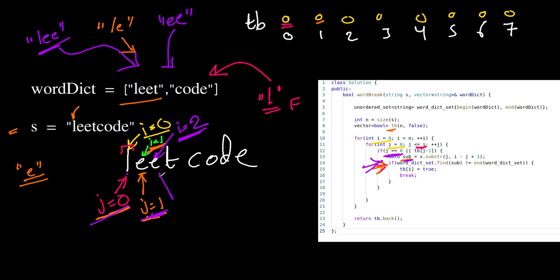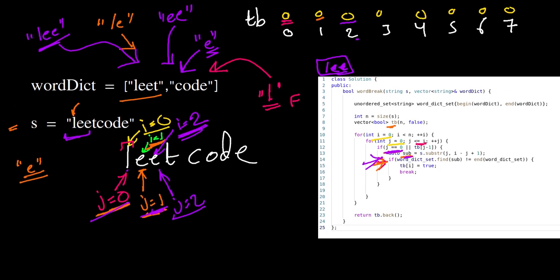Then we move to j equal 2. From 2 to 2, the substring is E, and this word does not exist in the dictionary. And that means for i equal 2 also the answer is false, and that's true because the substring from 0 to 2, which is Li, cannot be segmented into space separated words that exist in the dictionary.